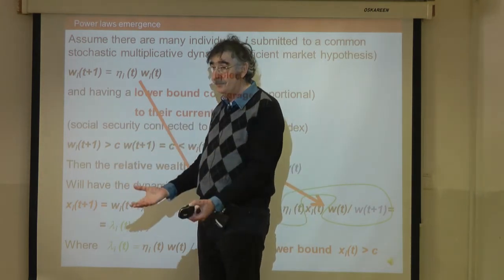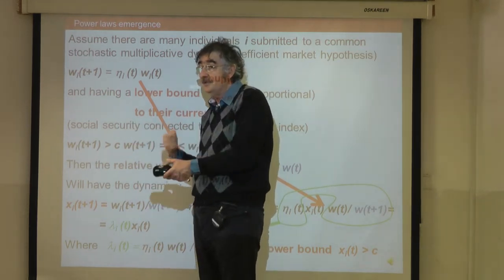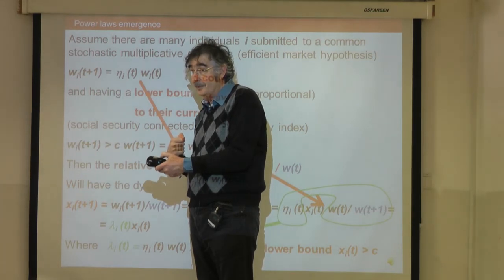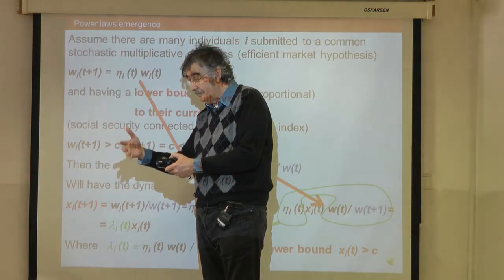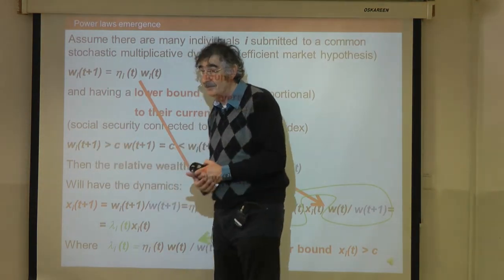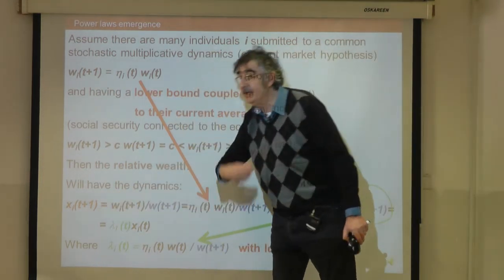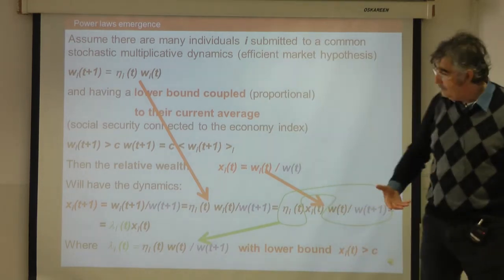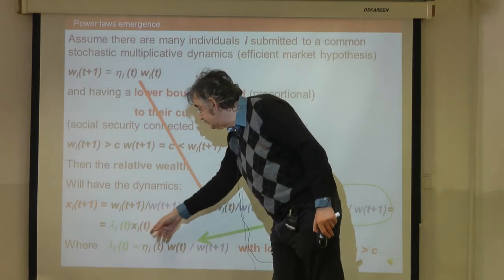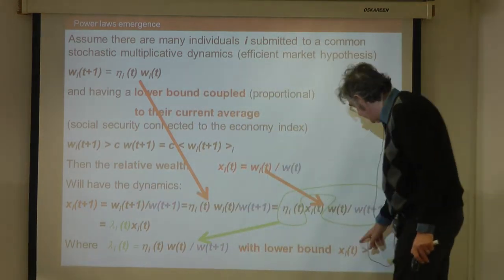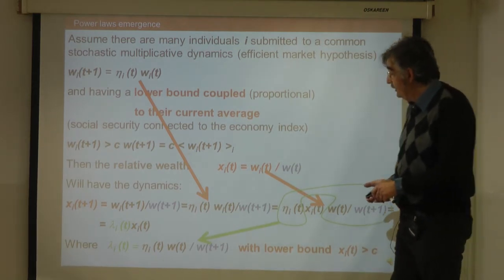We have now a lot of processes which are coupled by the fact that each of them is knowing about the others through the fact that he is not allowed to go below a certain fraction of their average. But once I do this change of variables and I speak about the normalized wealths, then I'm back to the same situation in which I have a multiplicative process and the lower bound, which is fixed.